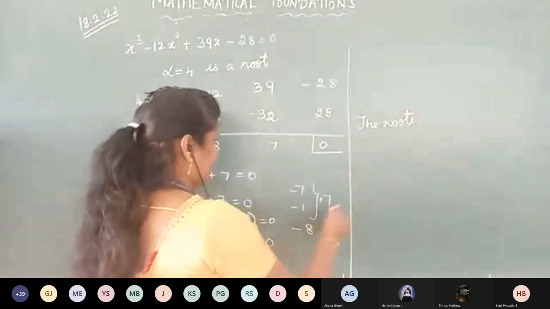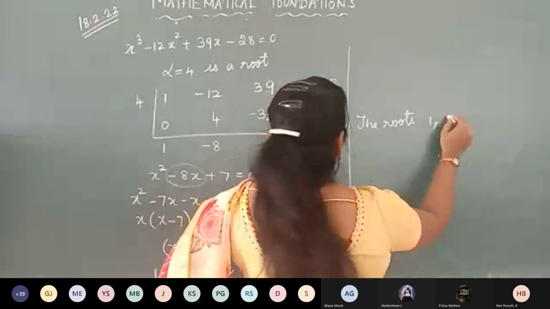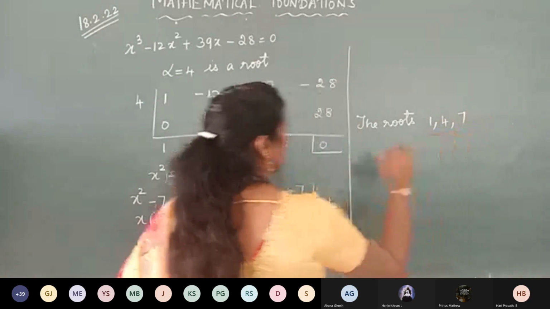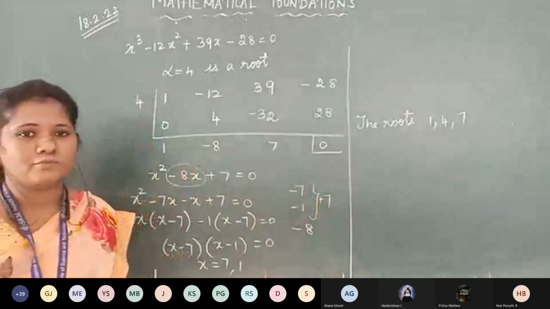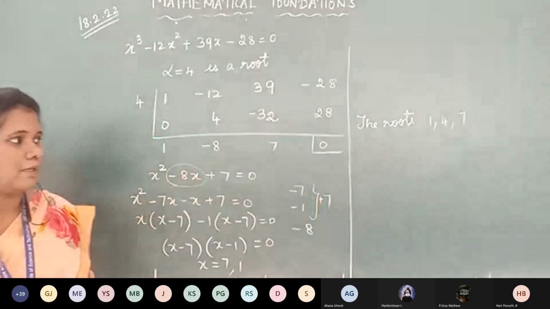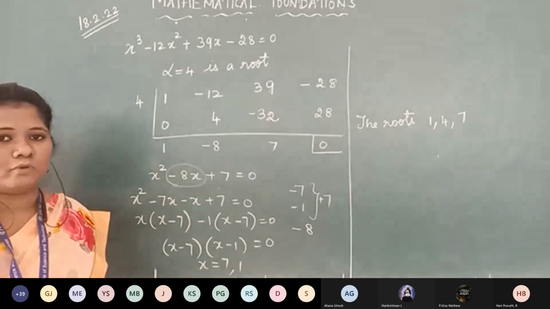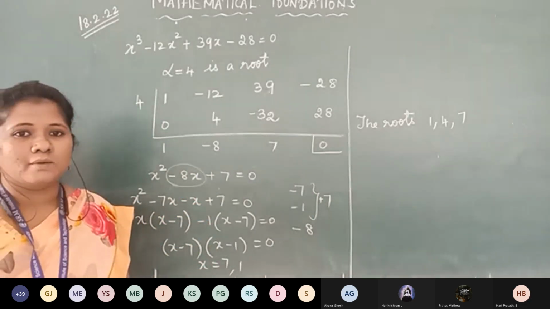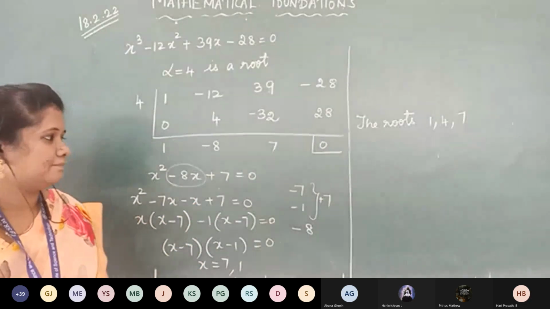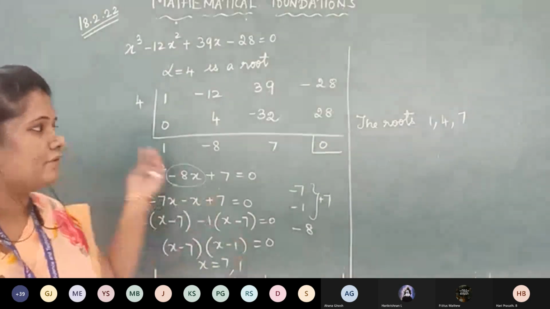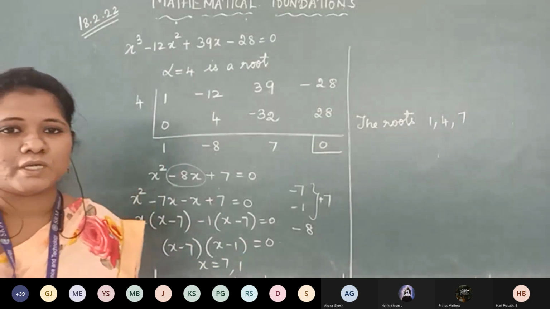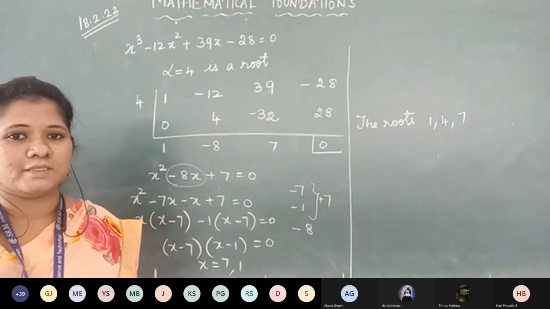So your small number is 1, your middle number is 4, and then 7. Otherwise, you can take it as 7, 4 and 1. I will be using this method. Instead of multiplying, we will do it by synthetic division so that it will be easy for you to calculate.